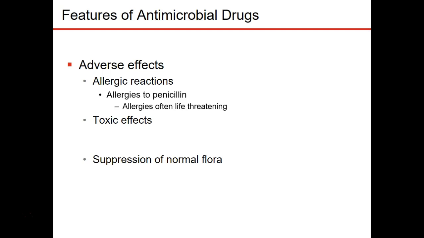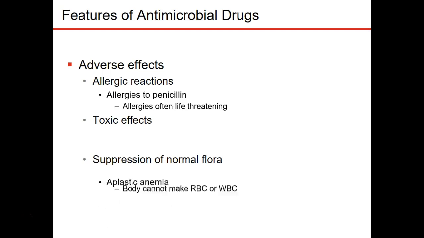And a hapten alone is not going to cause any problems. But for whatever reason, in certain individuals, the penicillin binds to a host molecule and acts like an antigen, and our immune system responds.